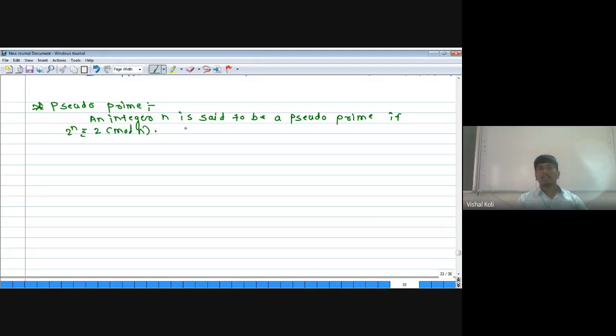That is, n divides 2 to the power n minus 2, then we say that this n is a pseudo prime number.